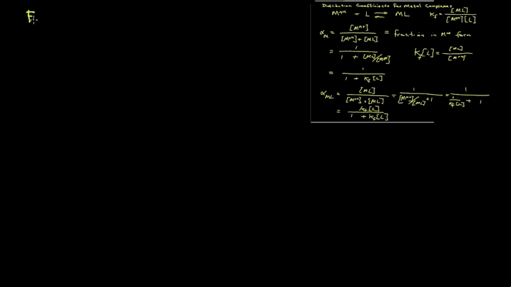Specifically, let's consider the complexation of iron with chloride ion, and we know that it goes to form an FeCl2+ species. And there's a Kf or K1 for this first step, and it's the products over the reactants.